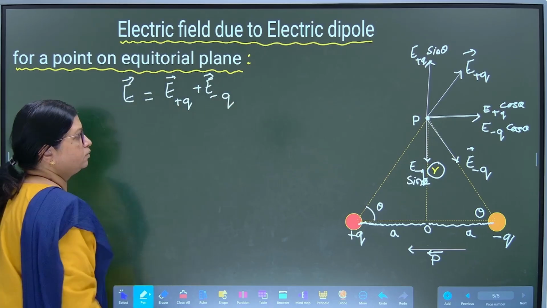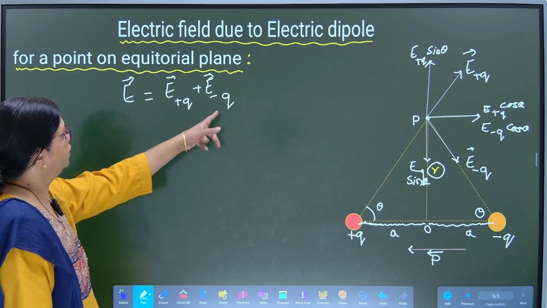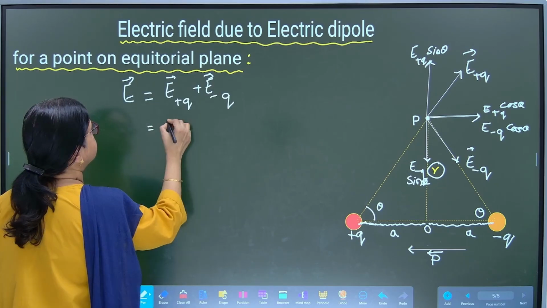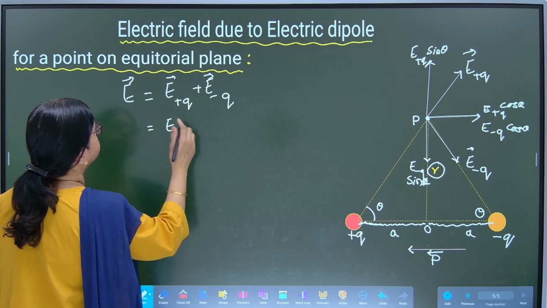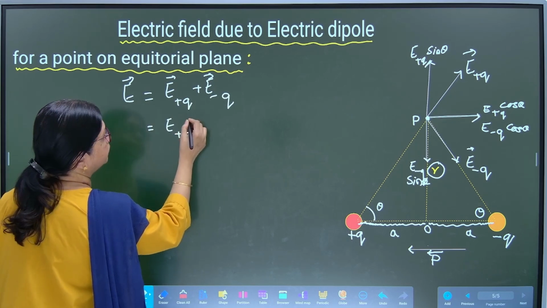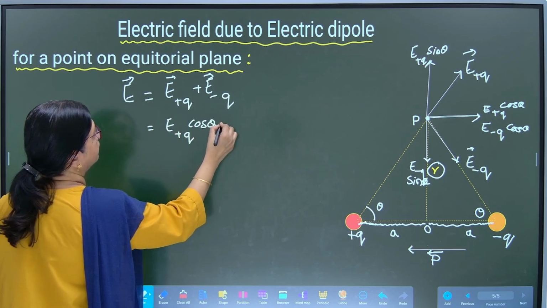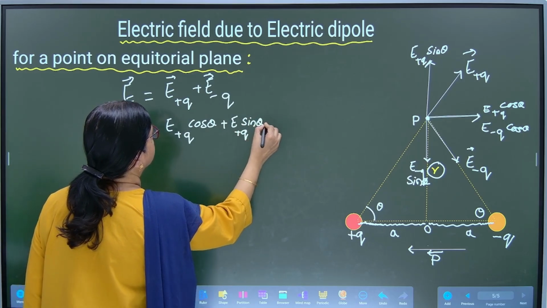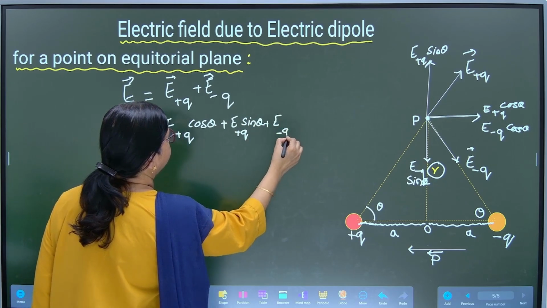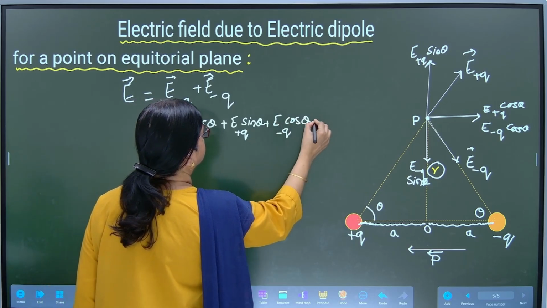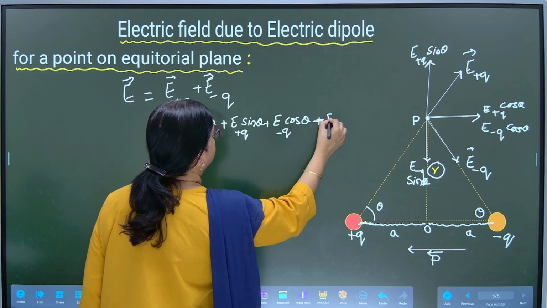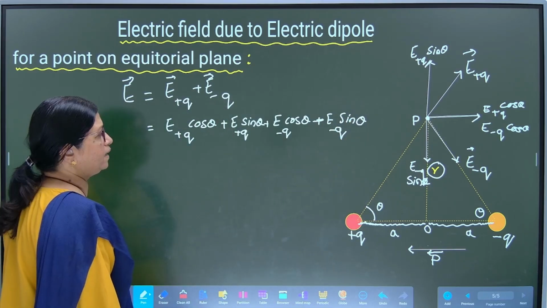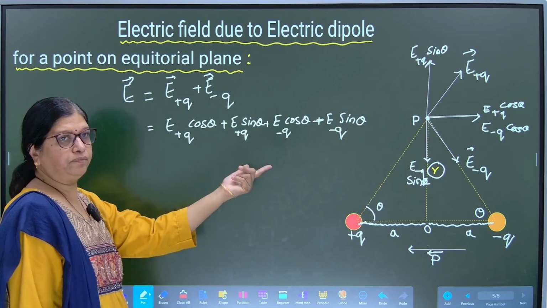These were my two directions of the electric field for plus Q and minus Q, which I resolved as scalars: E plus Q cos theta plus E plus Q sin theta plus E negative Q cos theta plus E negative Q sin theta.